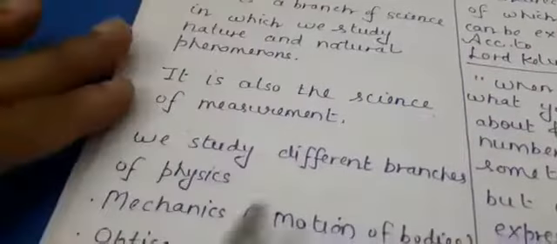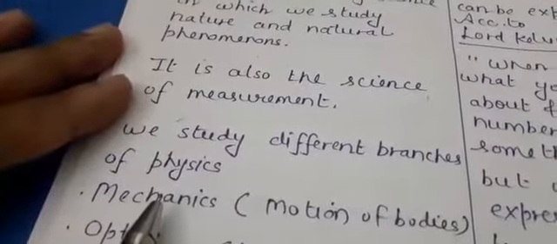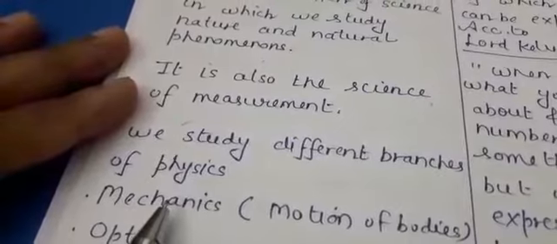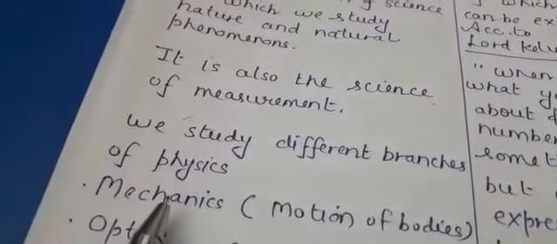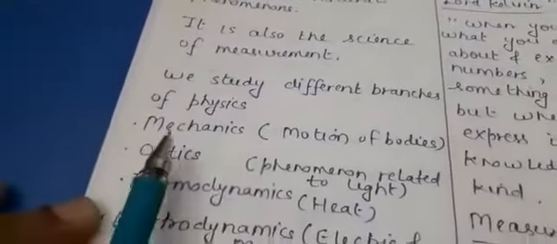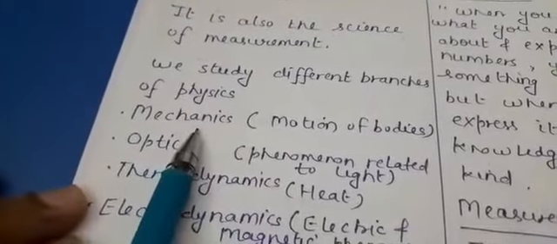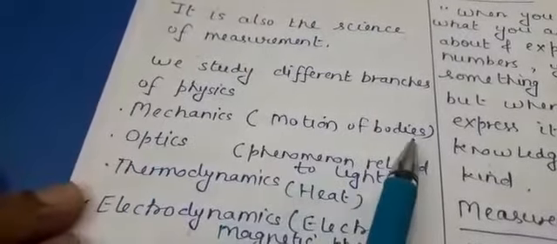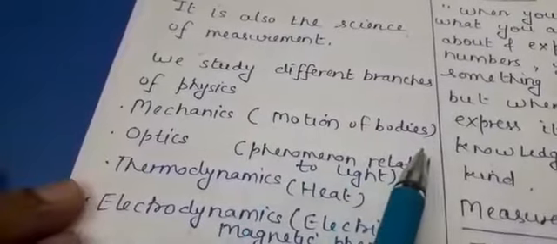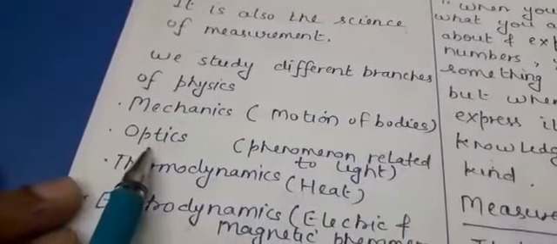Here we study different branches of physics. There can be many more branches of physics; I have named a few. Mechanics: a branch of physics which deals with rest or motion of objects.